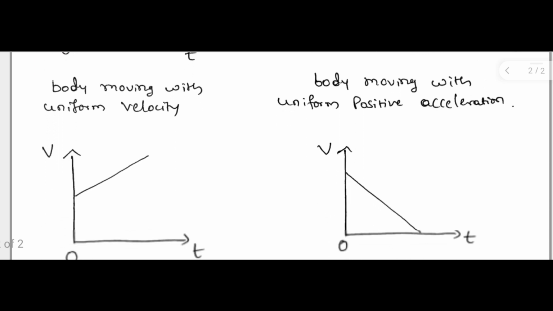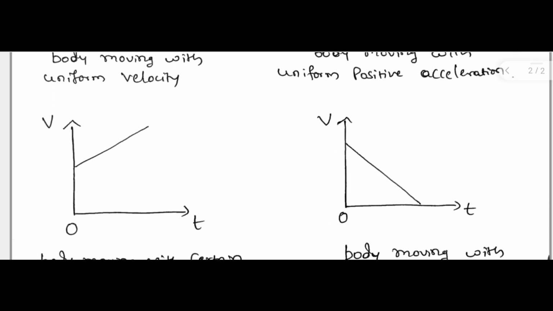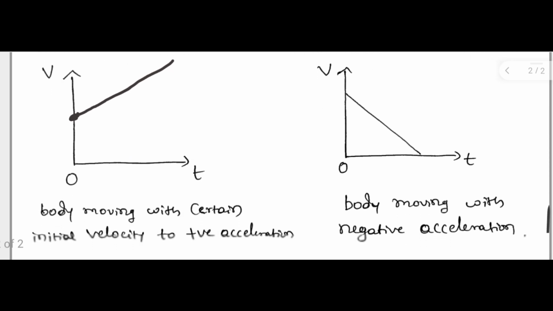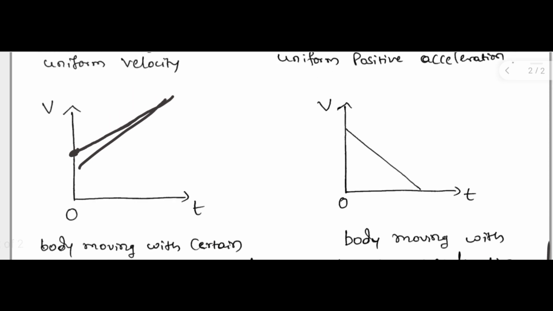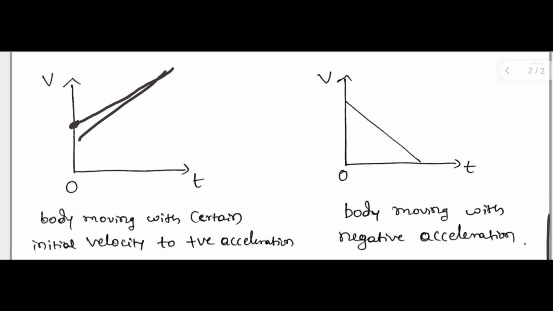Next one, here the body also has a certain initial velocity and moves in a higher order. This graph is known as a body moving with certain initial velocity and positive acceleration. We observe an increasing order in the graph, that's why it is a positive acceleration. Next, in this graph the body has a certain peak, higher velocity.